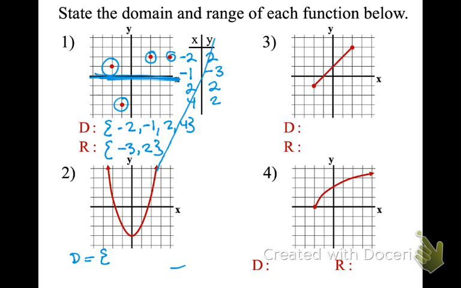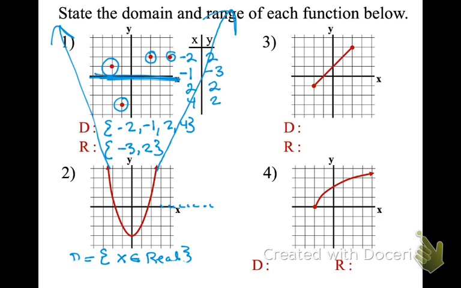If this keeps going on and on and on up in this direction, we are eventually going to use all these x's over here, and the same thing on this side. So what we would say is x is an element of the reals, or we could say x is any real number. Okay? Because I'll eventually use all the x values to continue this parabola.